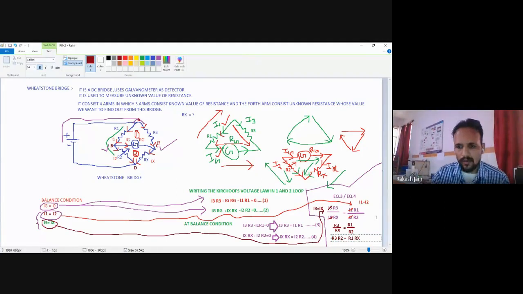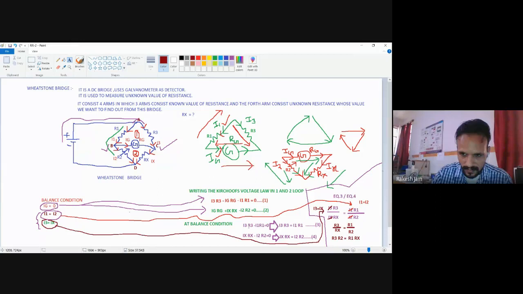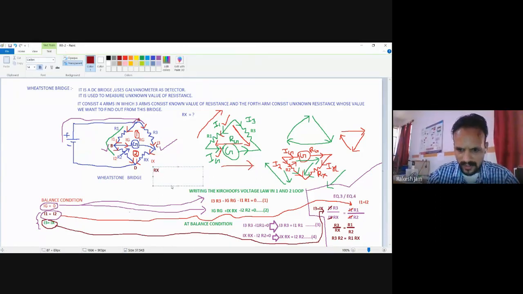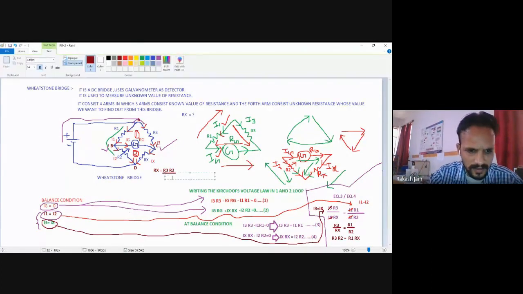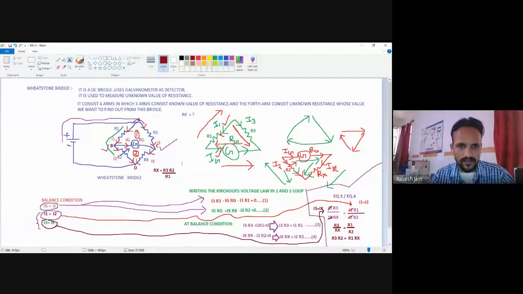So now what is the value of Rx? From this formula I am writing down here the unknown resistance formula: Rx is equal to R3 R2 divided by R1.